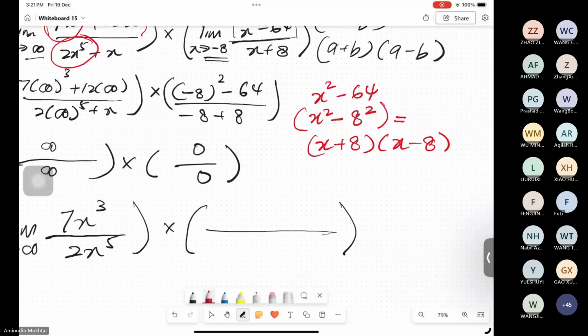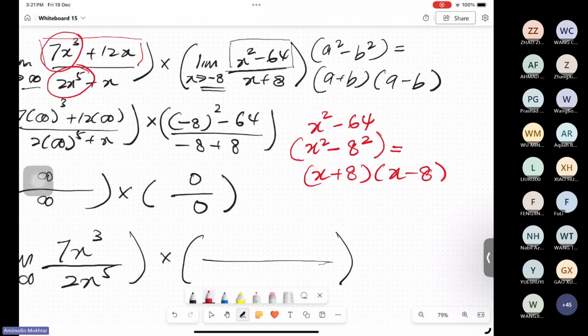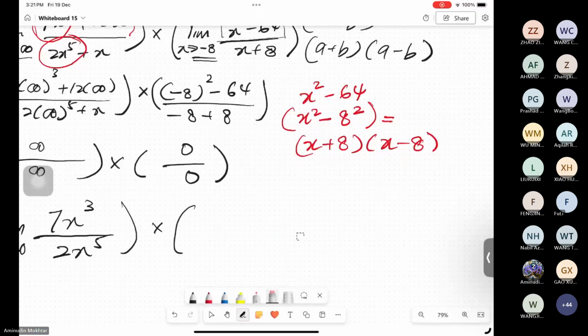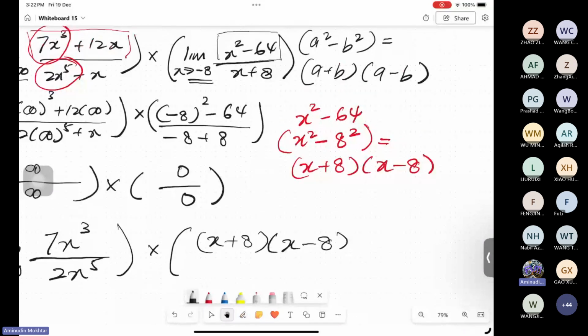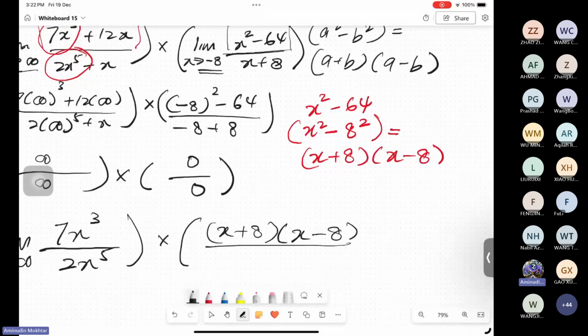So this limit can be rewritten as x plus 8 times x minus 8 divided by the denominator, which is still the same, x plus 8.